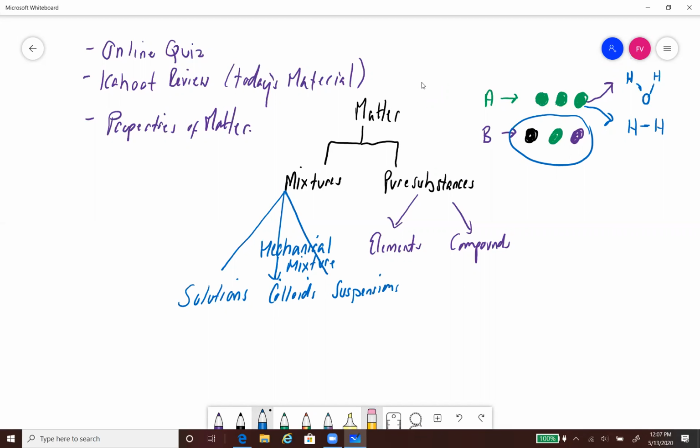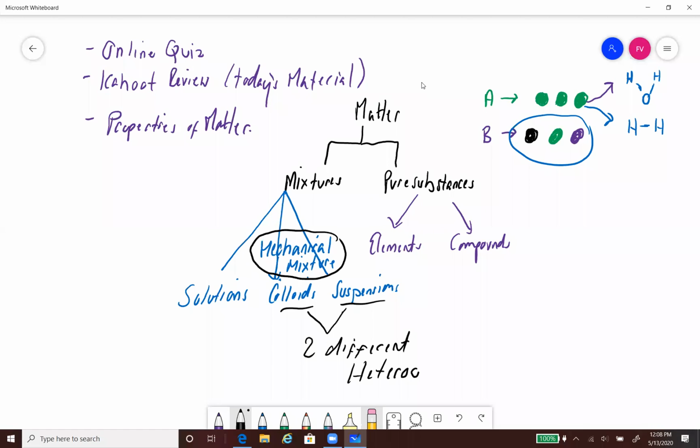If you remember, a mechanical mixture is either a colloid or suspension, and these are things where if you pay attention and look at them, you actually see two or more different things. The term for that, if you remember, is heterogeneous.